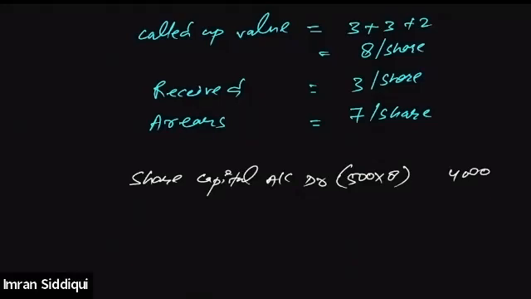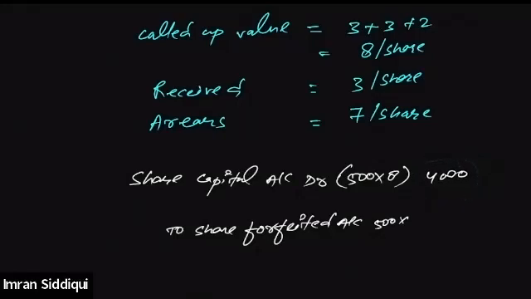Then to share forfeited. We will forfeit the amount which is already received. To share forfeited account, 500 into what amount have we already received? Please tell me. We received 3 per share, is that right? Everybody, is that right?